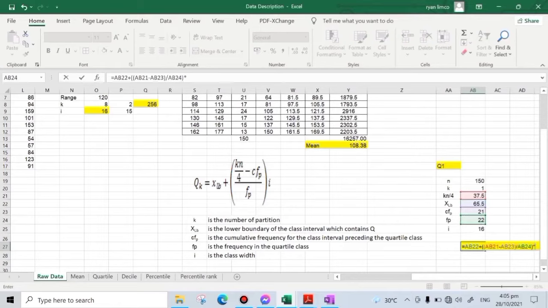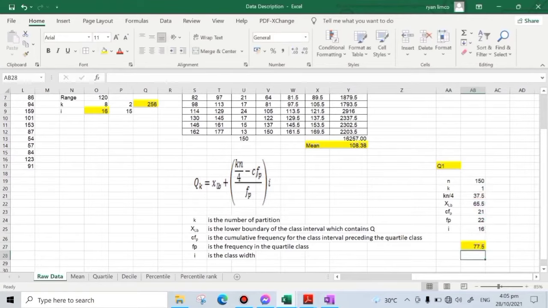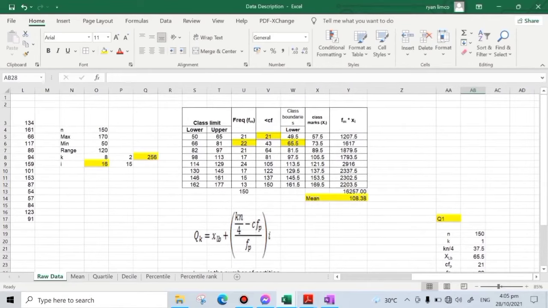We multiply this by the interval I. So it's 77.5. As you can see here, the 77.5 is included within the interval 66 to 81.